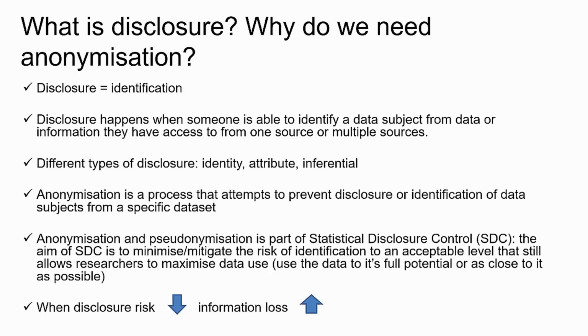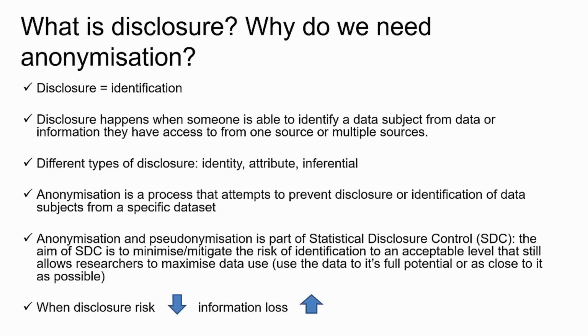And finally here, I wanted to introduce also the term information loss in relation to disclosure risk, right? Because when we're trying to minimize or mitigate this risk by anonymizing or pseudonymizing data, we need to keep in mind that there's potentially information loss there.